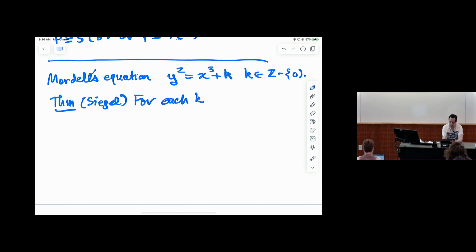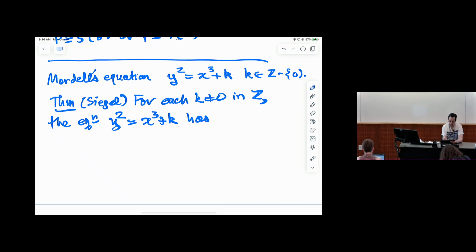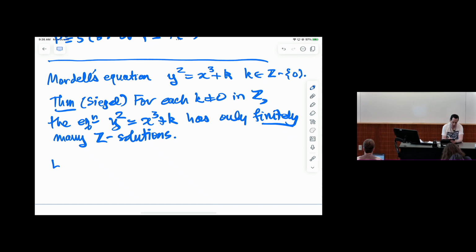So for each non-zero integer k, this equation, y squared is x cubed plus k, has only finitely many integer solutions. So a famous example that goes back to Fermat, he liked to challenge the British mathematicians, saying he could do various things.